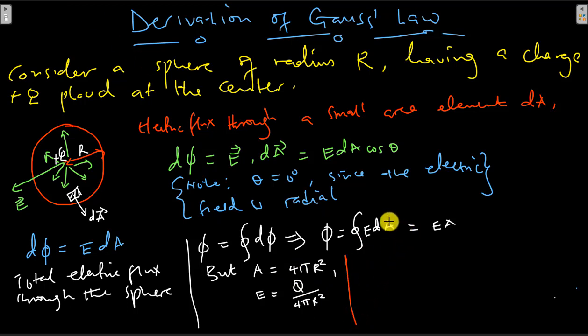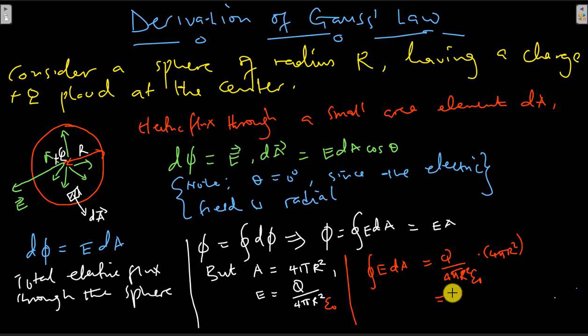The integral over the closed surface of E dA is going to be given by the electric field, Q over 4 pi epsilon naught r squared, times the area, 4 pi r squared.